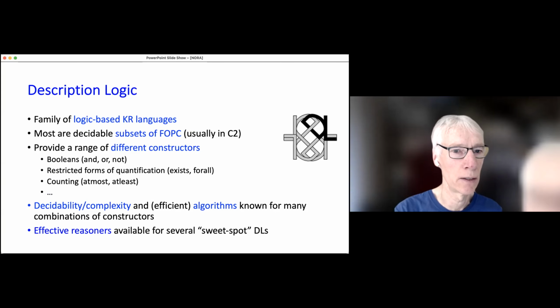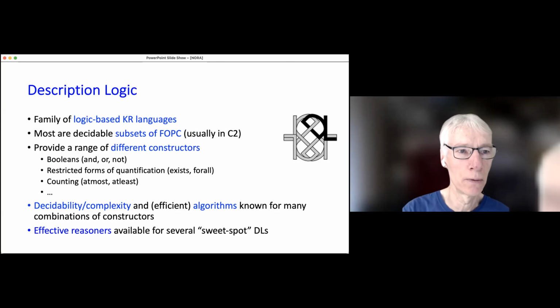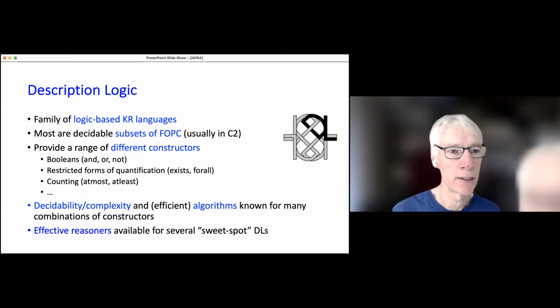In particular, the subset of first-order logic that has counting quantifiers but at most only 2 variables, which is called the C2 fragment of first-order logic. And the idea behind description logic is that the family provides a whole bunch of different constructors, the Booleans, for example, restricted forms of quantification, some counting quantifiers, and a whole load of other things.